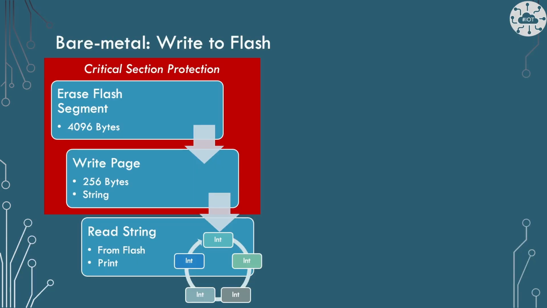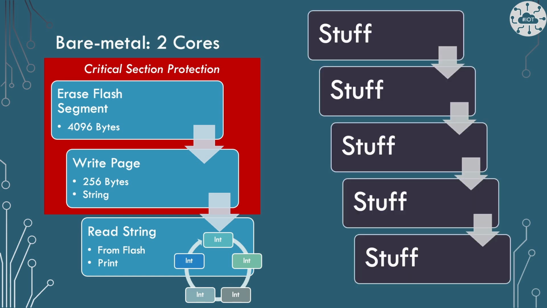What we've looked at so far is all about a single core and what's running on that single core. But a Pico, of course, has 2 cores, so we can have stuff also running in parallel on the second core. Now this is a problem for us, because not only might that be accessing data that's stored in the flash, it certainly will be running code, and the code's stored in the flash as well.